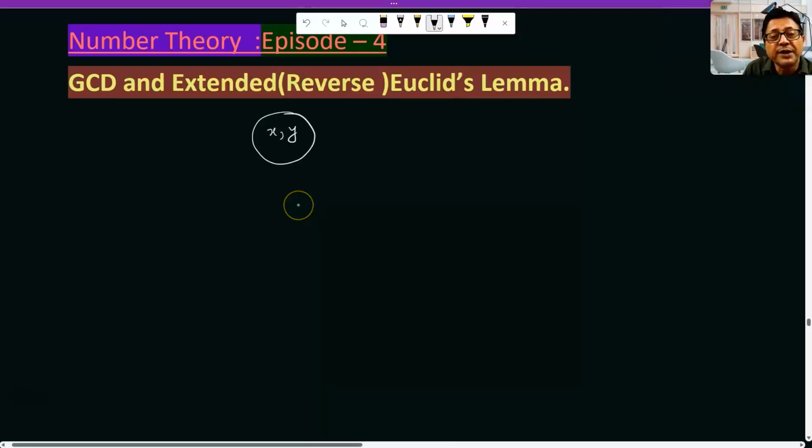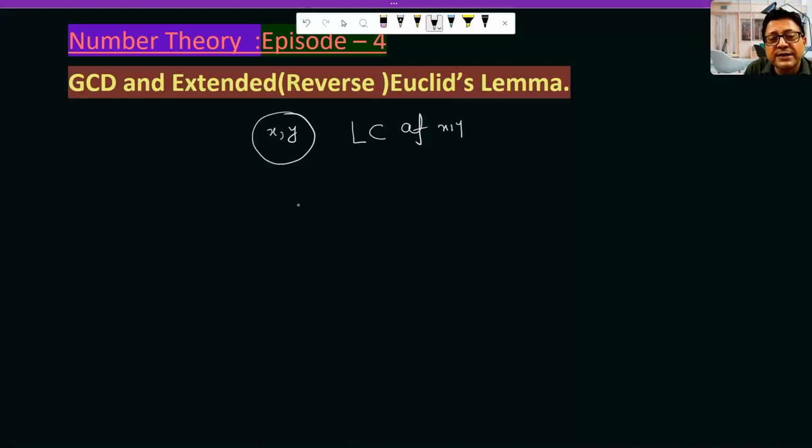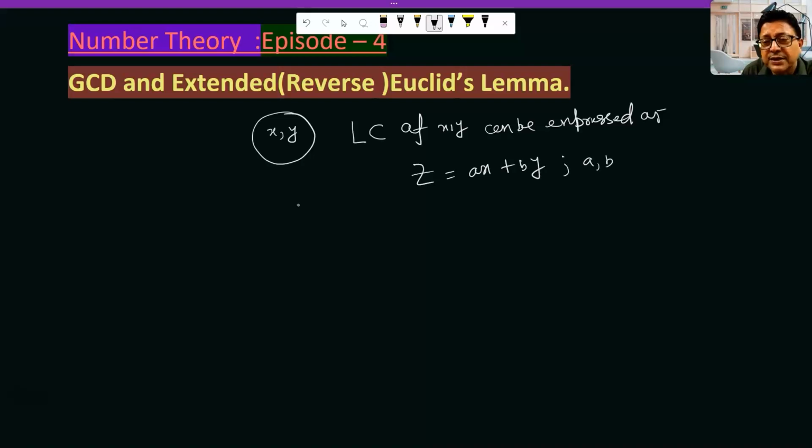A linear combination, or in brief, LC, of these two numbers x and y can be expressed as z equal to ax plus by, where a and b are also integers.